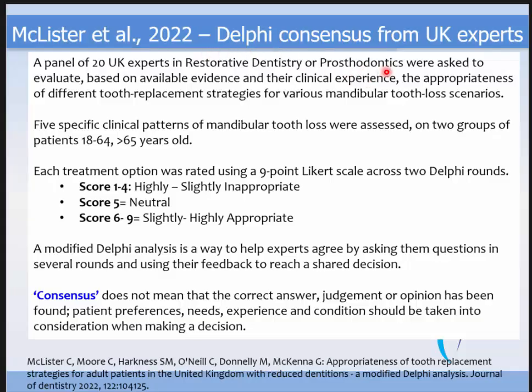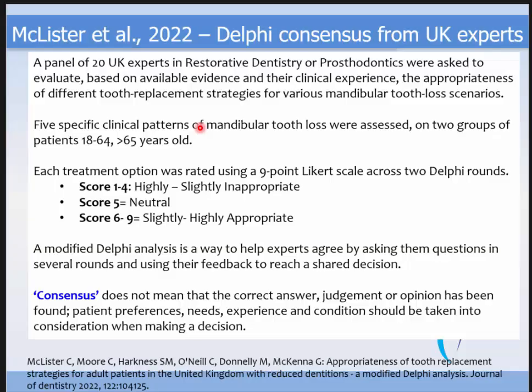What are the treatment options that are okay for the patient in that particular clinical pattern of tooth loss, in a younger patient and also in an older patient? In this survey, they have 5 clinical patterns.